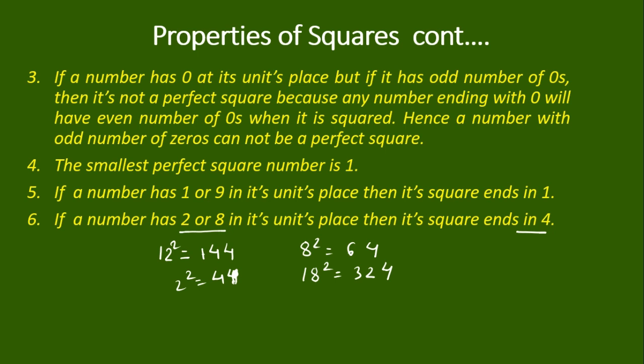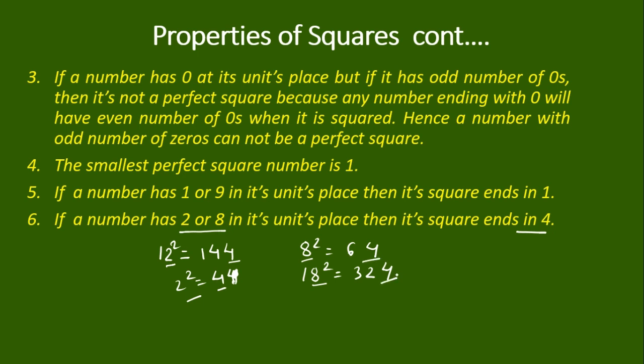So in all these numbers, in 12 in the units place I'm having 2. In 18 in the units place I'm having 8. All these numbers, when I'm finding out the square, I'm getting 4 in the units place of the squared number.